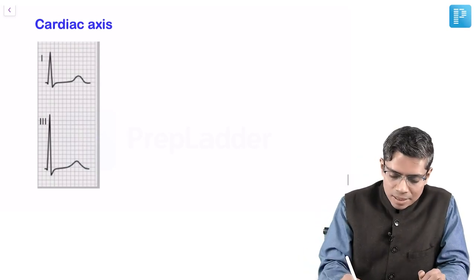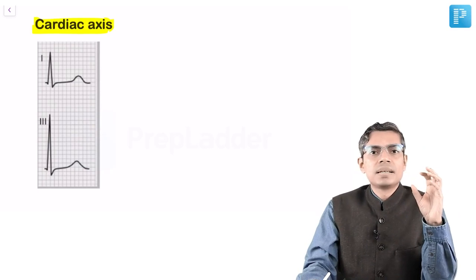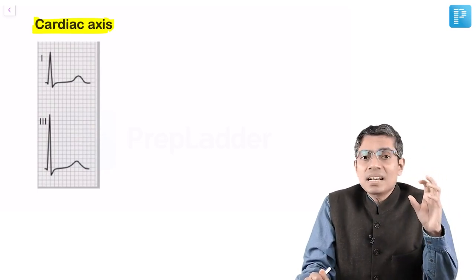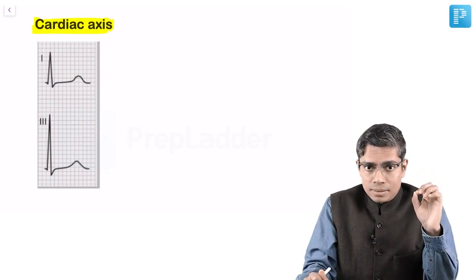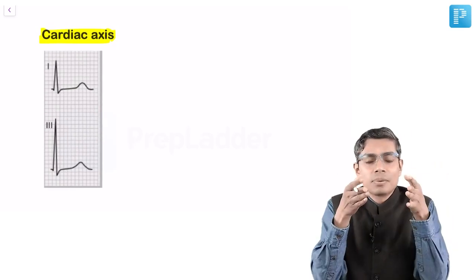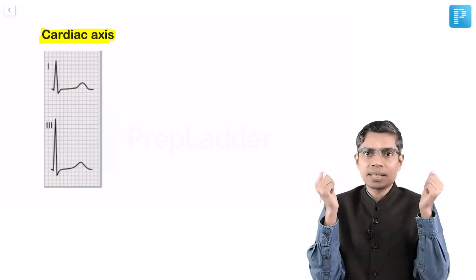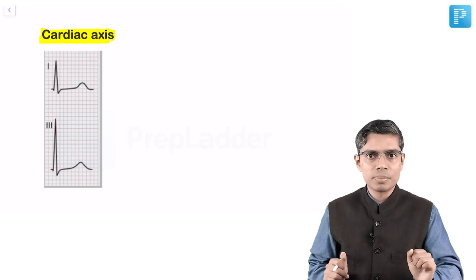Whenever I say calculation of cardiac axis, it is nothing but determination of the main cardiac vector from the ECG recording. Previously we have seen that the initial vector comes, then the main vector, then the terminal vector, and that gives rise to the QRS complex.